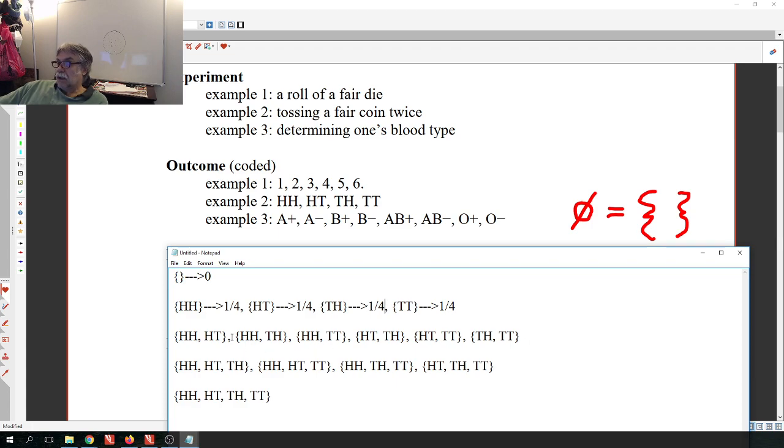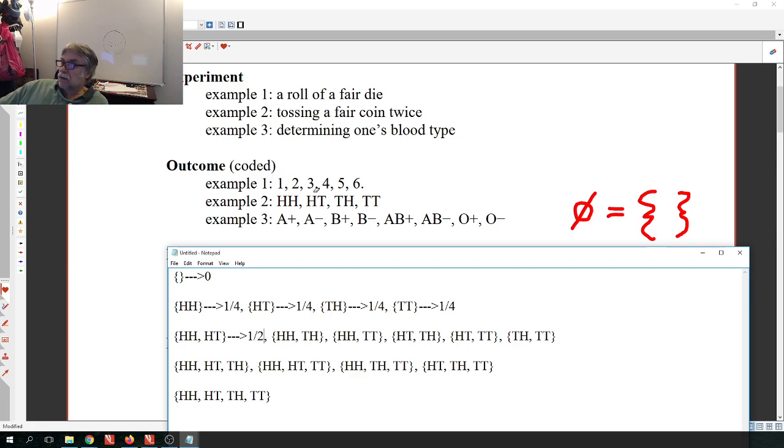Now, these guys have 2 elements. These events should have, every one of them, an assignment of 2 out of 4, which you can say is 1 out of 2. Again, the chance that you're going to have 2 of these 4 must be 2 out of 4, because they're all equally likely.